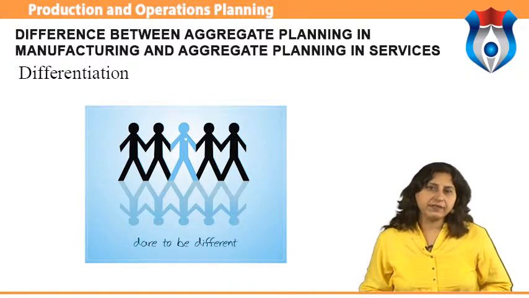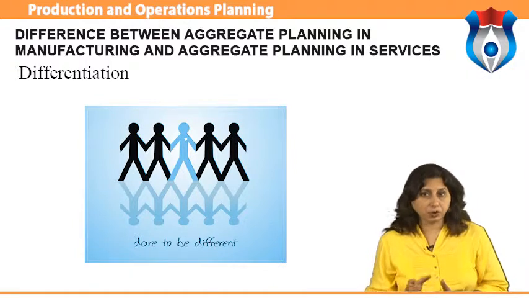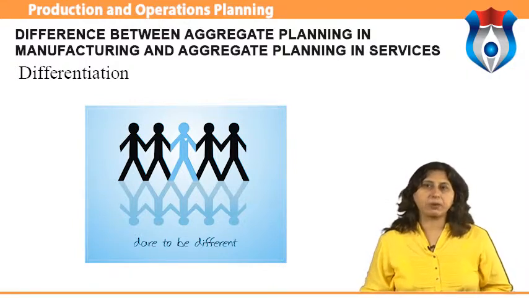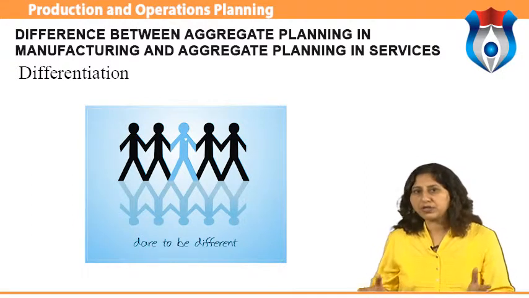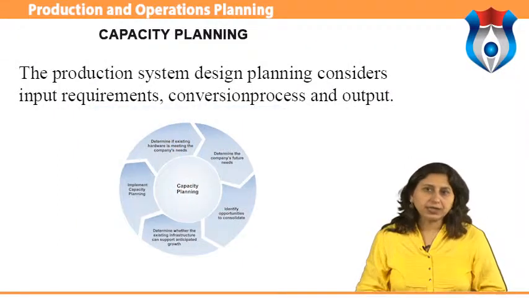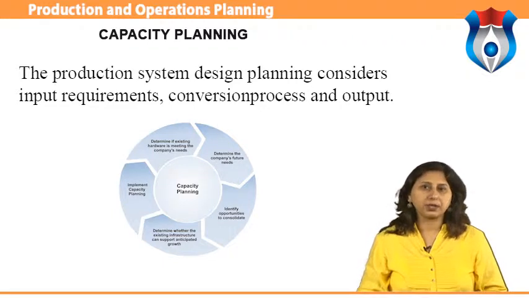The demand for services is much more difficult to predict, and capacity is also difficult to measure. Service capacity must be provided at the right place and the right time, while labor is generally the most constraining service resource. The production system design planning considers input requirements, conversion process, and output.